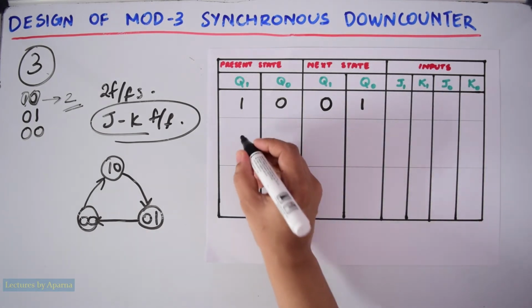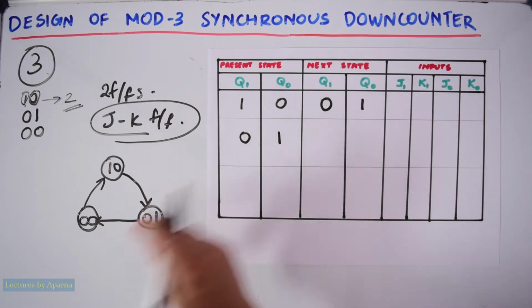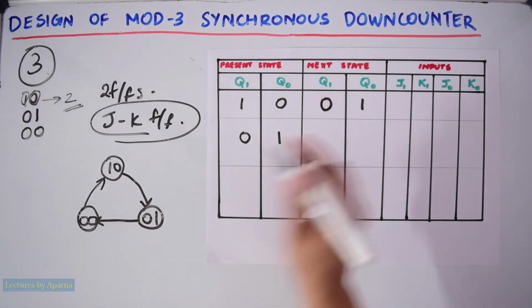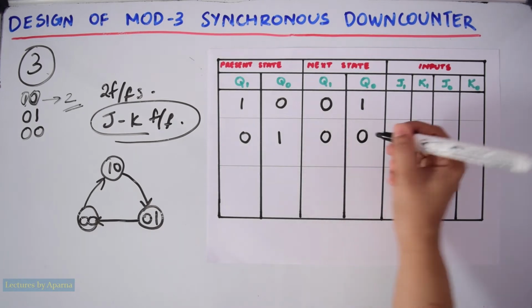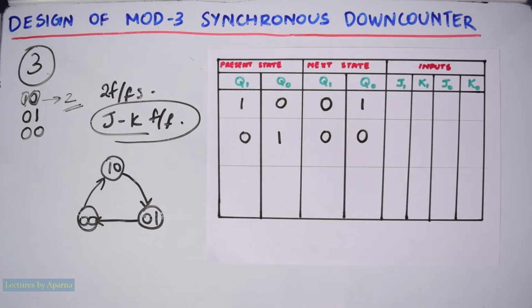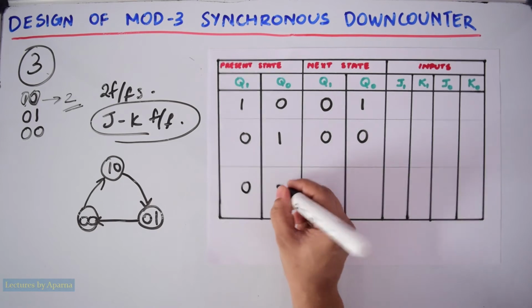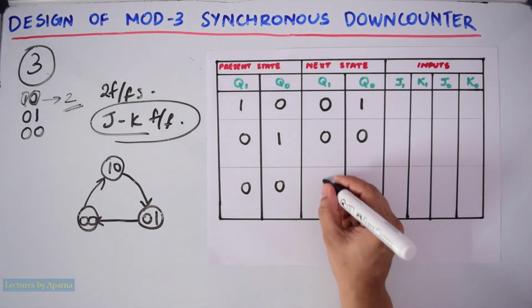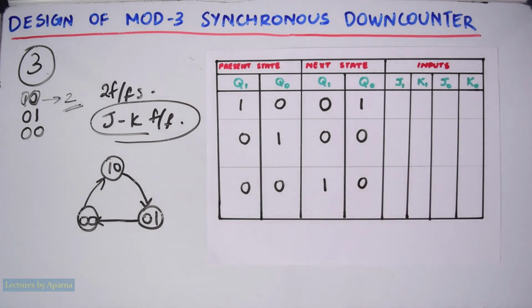Now when the present state is 0 1, its next state should be 0 0. So write 0 0 here. Now when the present state is 0 0, its next state is 1 0. So write 1 0 here.